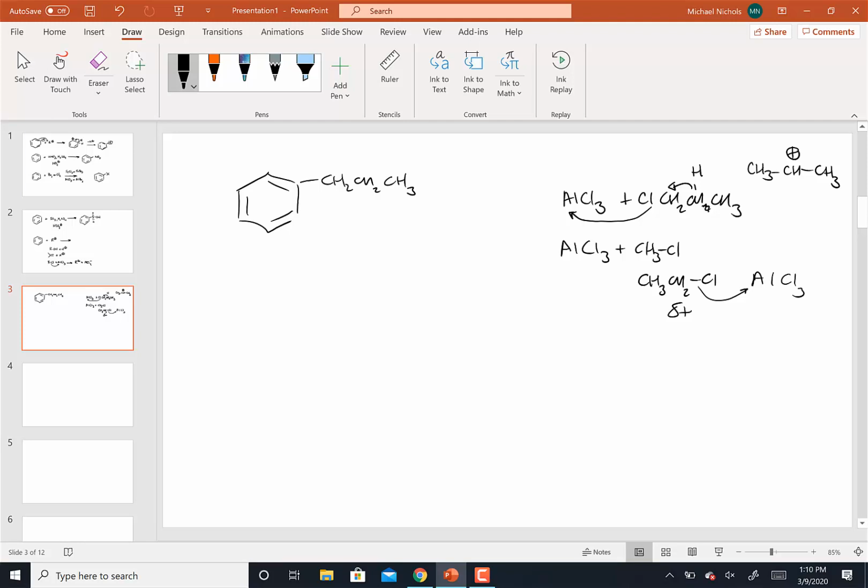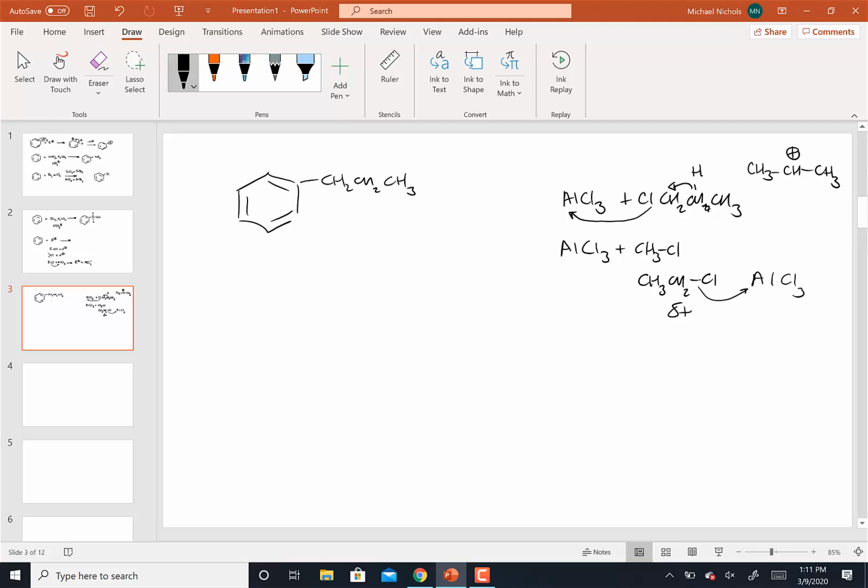Now, when we had these before, what I said was, I need to tell you when to shift. Except one time. And the one time that I will not tell you when to shift is with a primary halide. So when you're using a primary halide in Friedel-Crafts, you're going to get a shift to the secondary carbocation.